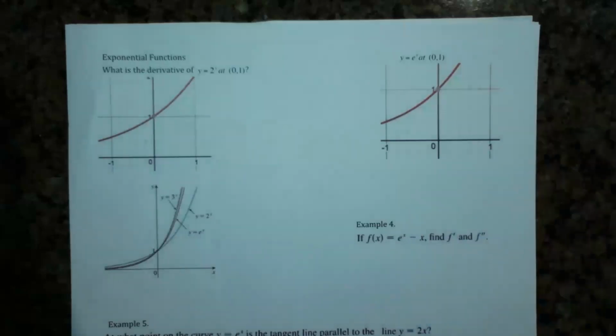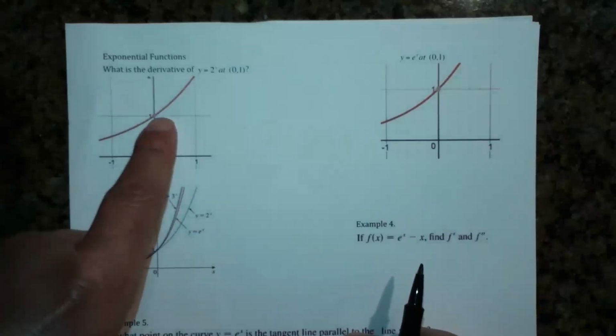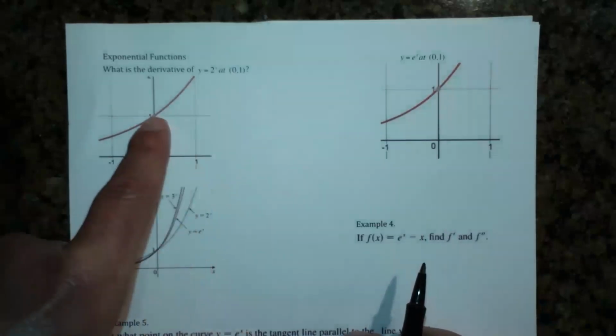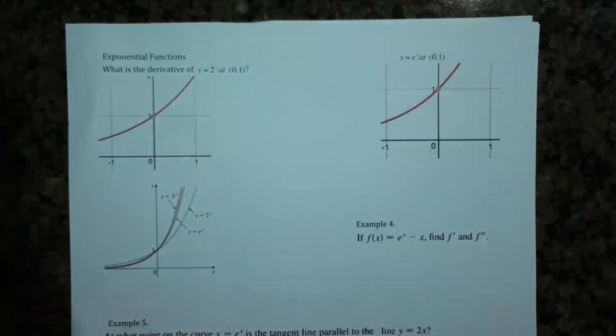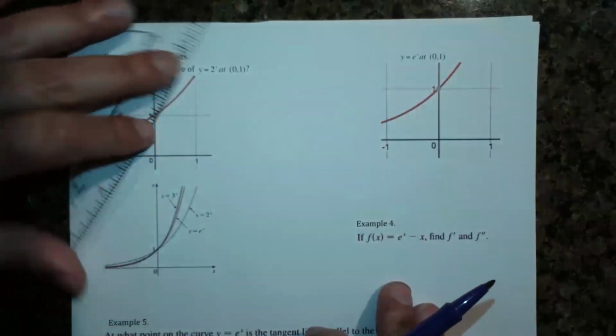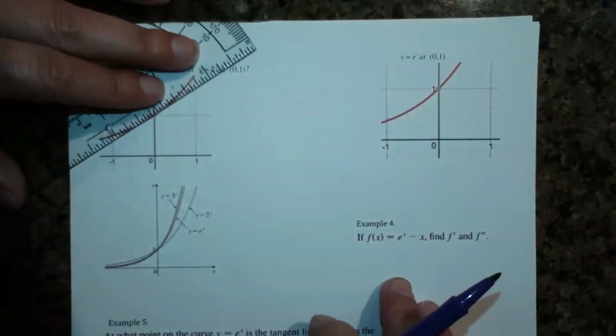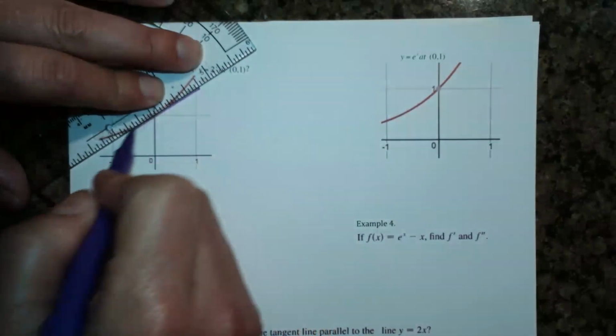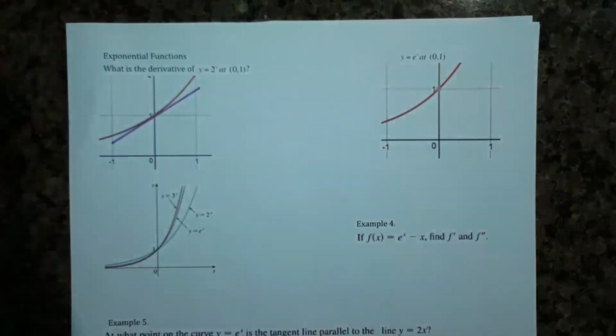Exponential functions. Okay. Now, what's going to happen here is we are going to note that the point of interest is here, 0, 1. And what we are looking for is the tangent slope. Remember, that's where it touches at exactly the 1 point.